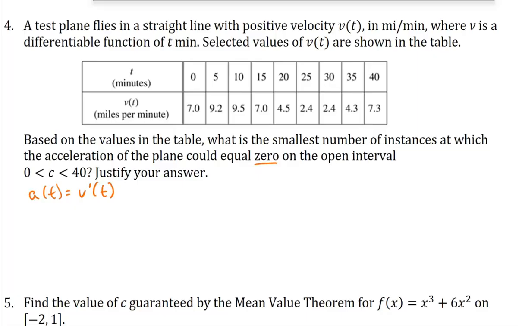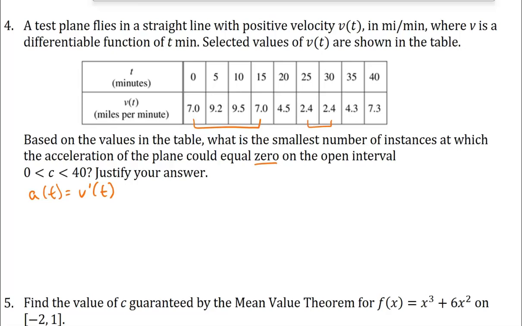So when I look at these values, I notice that there's a repeat in the 7, and there's also a repeat in the 2.4. So that tells me that somewhere between time 0 and time 15, the velocity went from 7 and then up. Now, I don't know how high. I can't say it goes up to 9.5 and then back down, because maybe it goes down and then it comes way up above 9.5 and then it's on its way back down or something like that.